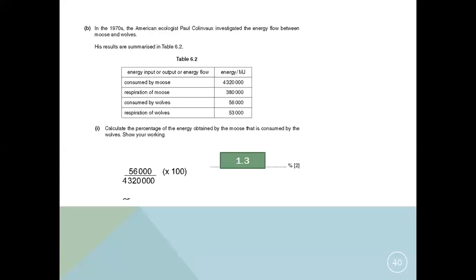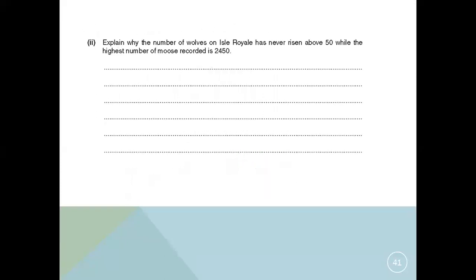Is it okay? So now explain why the number of wolves in Isle Royale has never risen above 50, while the highest number of moose recorded is 2450. It means, like I told you already, at a high trophic level the number of organisms will decrease because of less availability of energy.